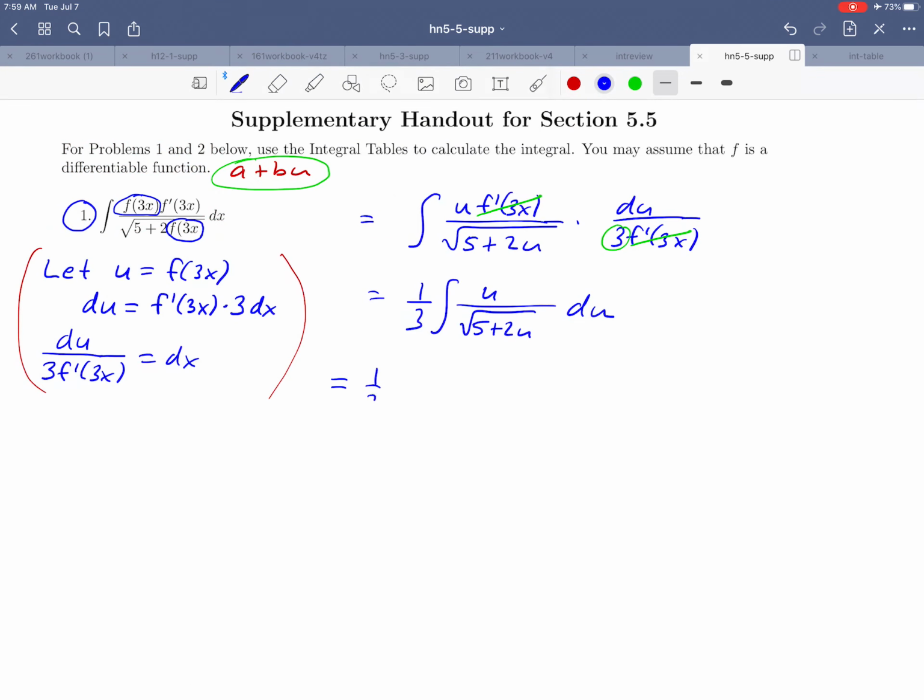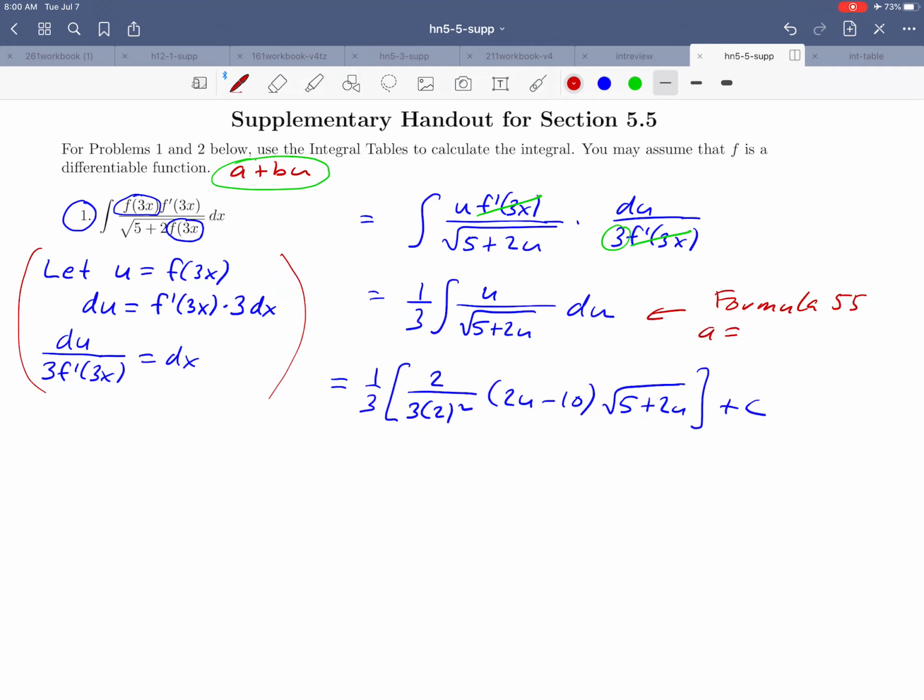We're going to get 1/3, and then that formula tells us we're going to get a 2 over 3 times 2 squared, again just filling in the a and the b, times 2u minus 10, times the square root of 5 plus 2u. Let's remind ourselves where that came from. That was formula 55 with a equals 5 and b equals 2.